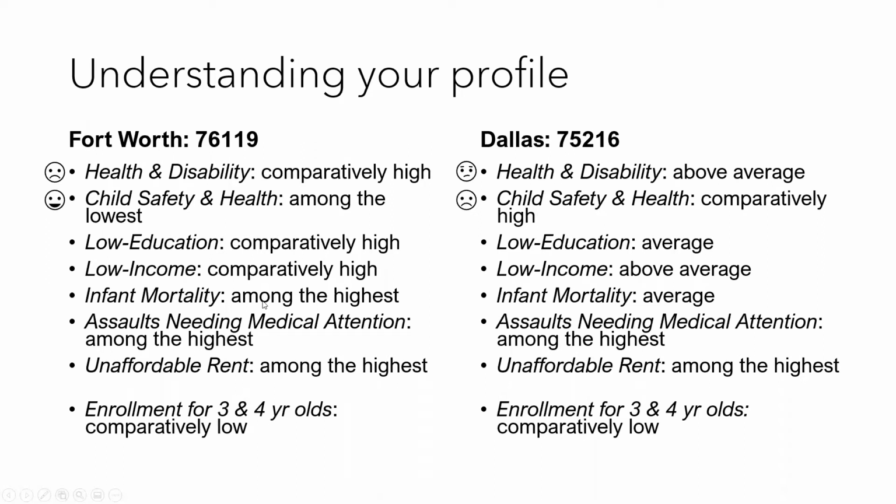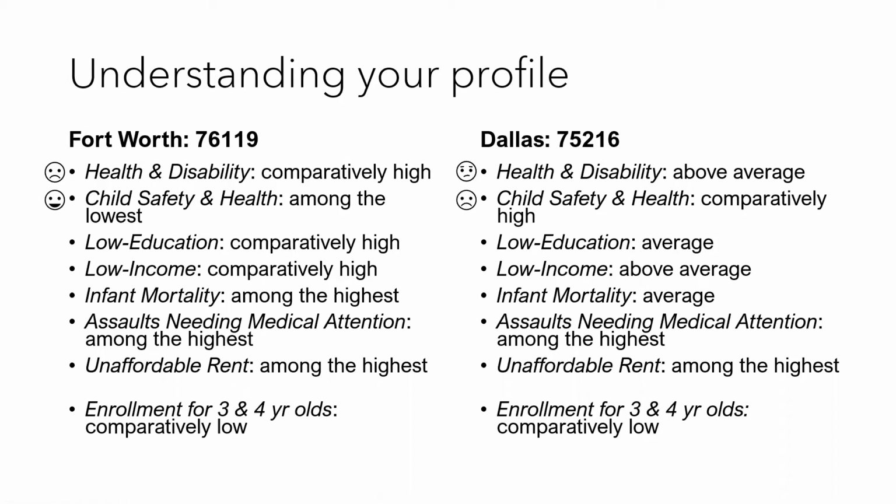The other big difference that we see between Fort Worth and Dallas is when we look at infant mortality. Infant mortality is very predictive of infant maltreatment for a couple of interesting reasons. What's important to understand here is that we don't see high infant mortality rates because we see high maltreatment-related deaths.